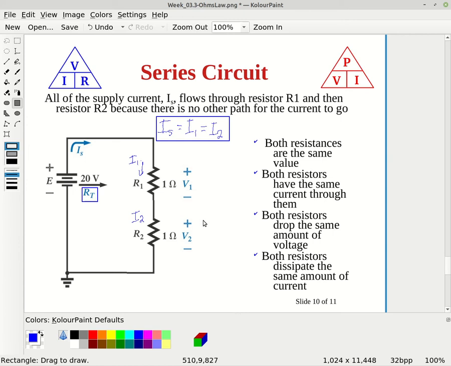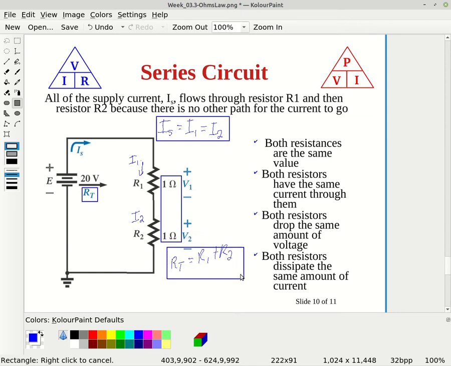RT indicates the total resistance. The total resistance is the sum of both resistors. So we have R total now is R1 plus R2 because the current has to flow through both resistors. So the total resistance is the sum of both of these resistances.